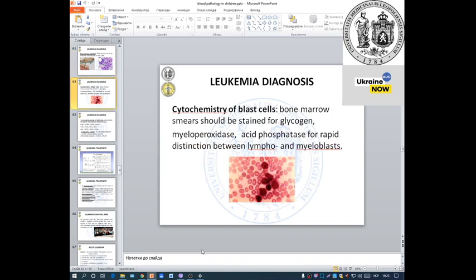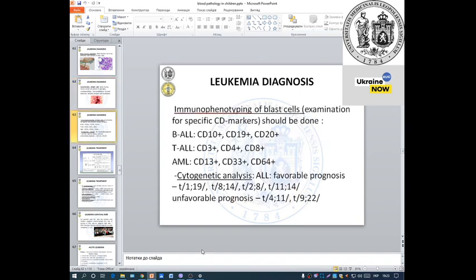Bone marrow smears should be stained for glycogen, myeloperoxidase, and acid phosphatase for distinction between lympho and myeloblasts. Immunophenotyping of blast cells, meaning examination for specific CD markers, makes it possible to recognize B acute lymphoblastic leukemia, T acute lymphoblastic leukemia, or acute myeloblastic leukemia.